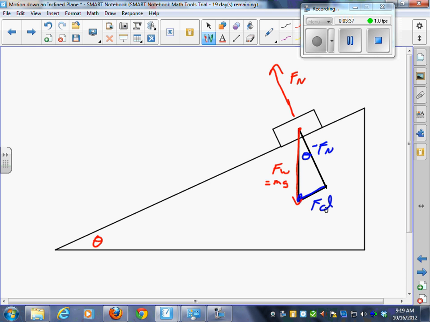This Fd right here is a component of the weight force, but as sort of a free body diagram, we like to show it up here. So this and this are the same. This is also Fd. That all sound good? More or less?